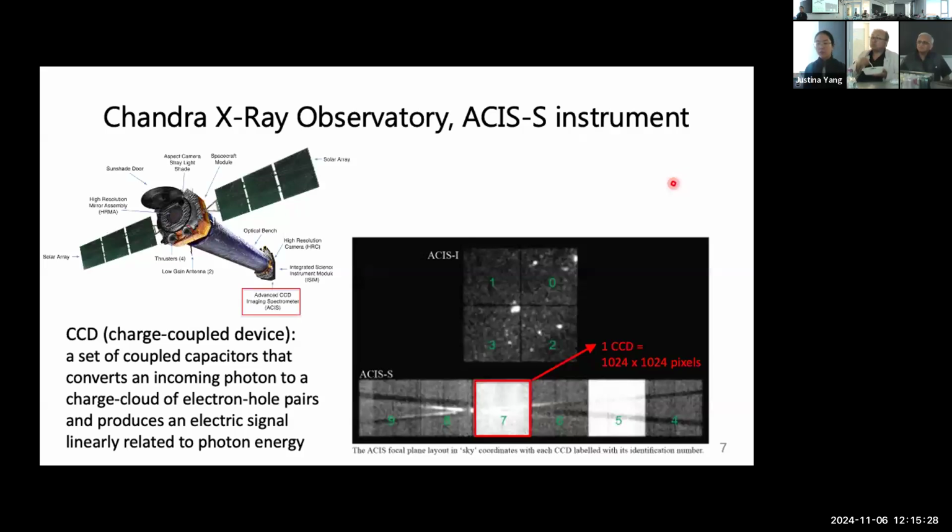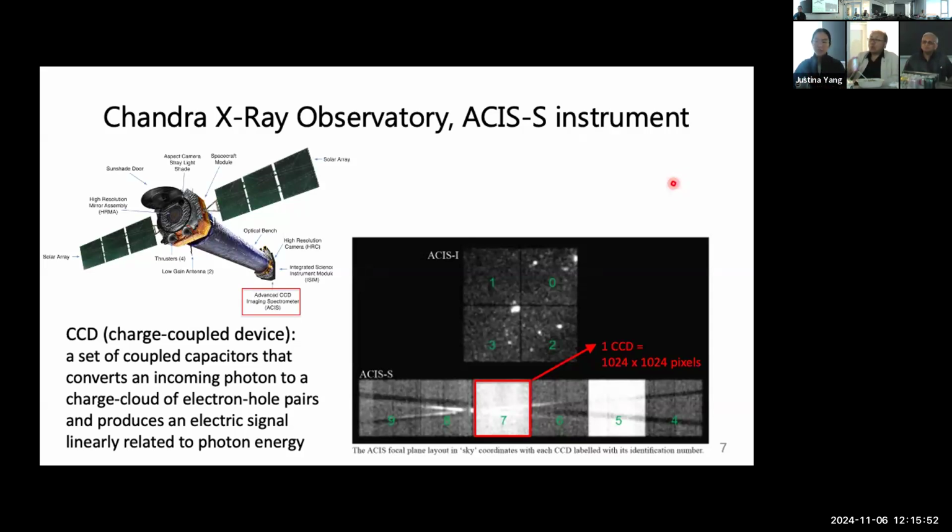Okay, for what I'm talking about today, I'm going to focus on Chandra and particularly on the ACIS-S instrument. For a little bit of background, Chandra is the Chandra X-ray Observatory that has been taking data for 25 years. Part of the detector includes ACIS. ACIS is an acronym for Advanced CCD Imaging Spectrometer.